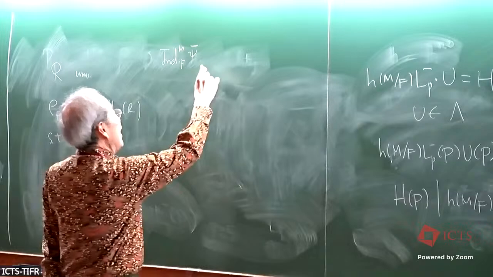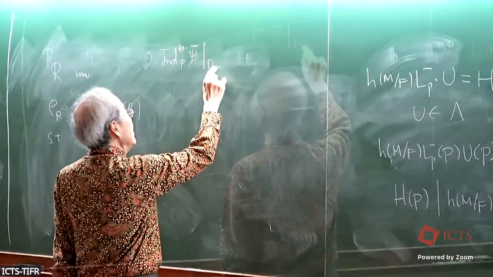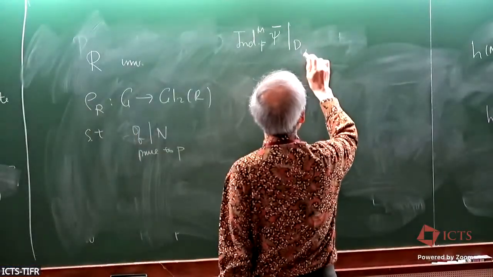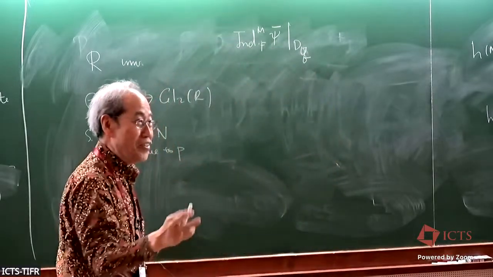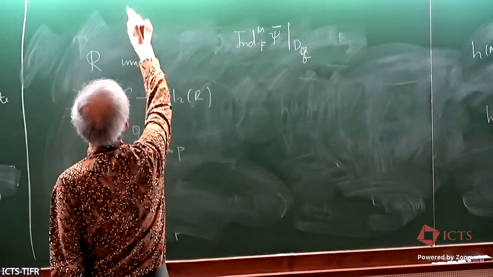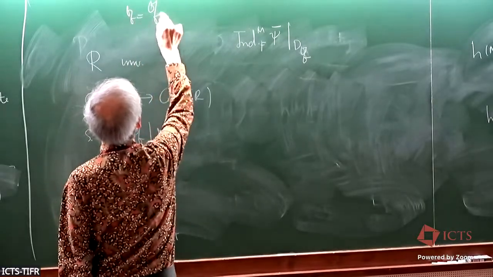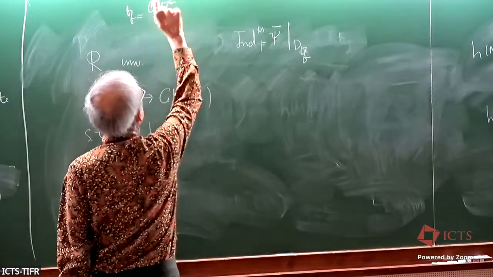And this restricted at D_Q, big Q. So I have the splitting condition S. So this Q equals big Q complex conjugate.